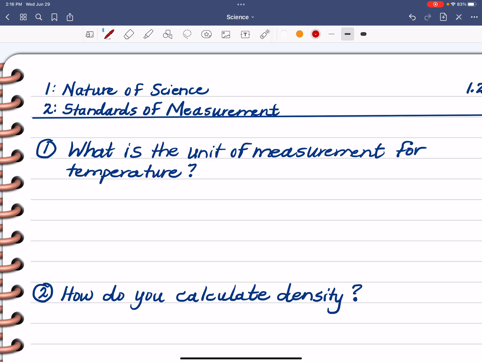The unit of measurement, and remember, we have more than one unit, so we want to put an S on there. The units of measurement for temperature.